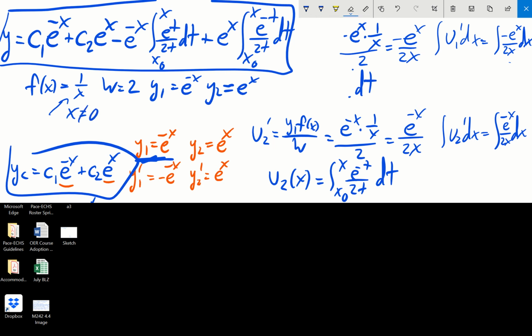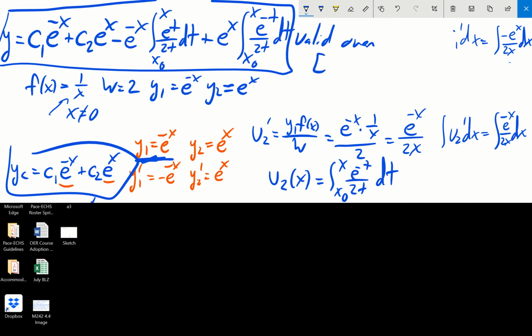So the solution we're giving here, this is kind of important to summarize too, is valid over any closed interval from x naught to x that does not contain 0. So as long as 0 is not contained in that interval, because f of x is undefined at 0, then this would give us the integral representation of the solution of that differential equation. Fun stuff.